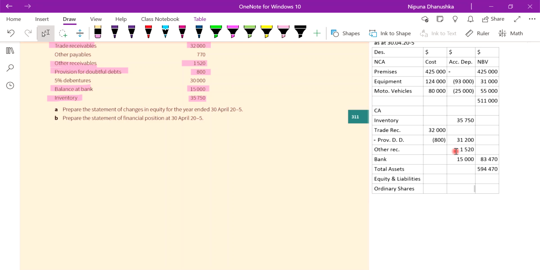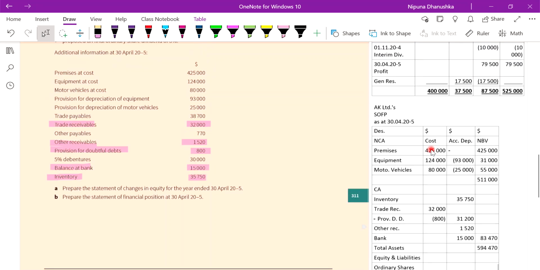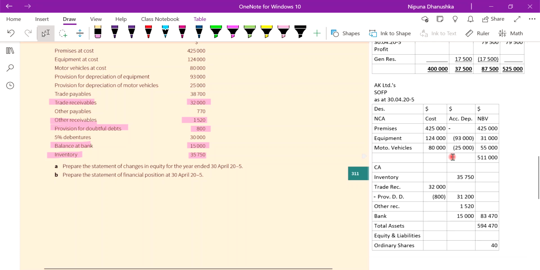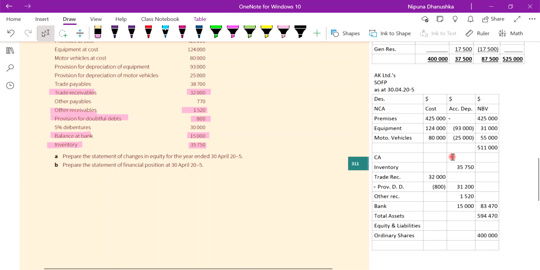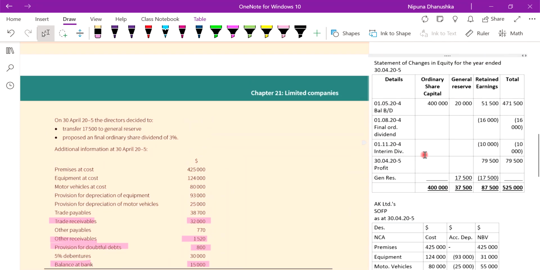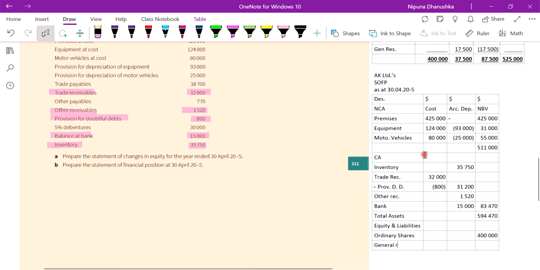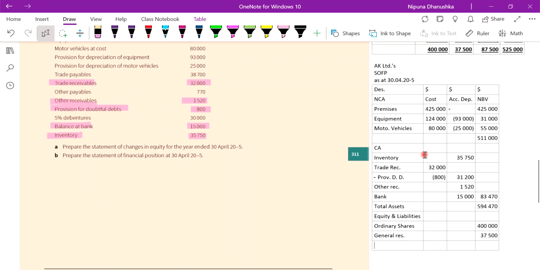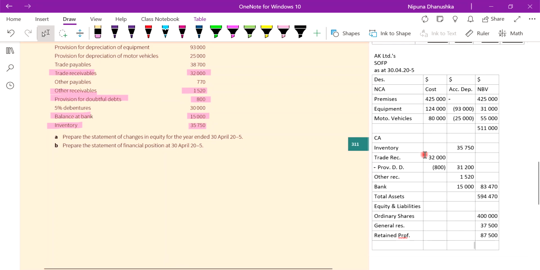Ordinary shares 400,000, general reserve 37,500, and then retained profit 87,500.